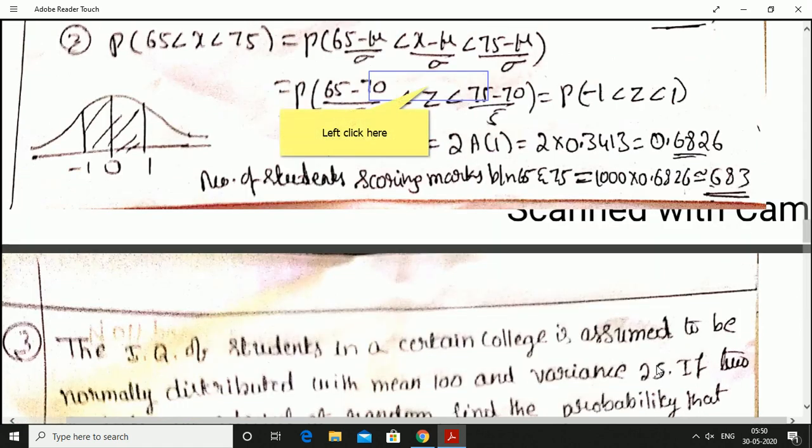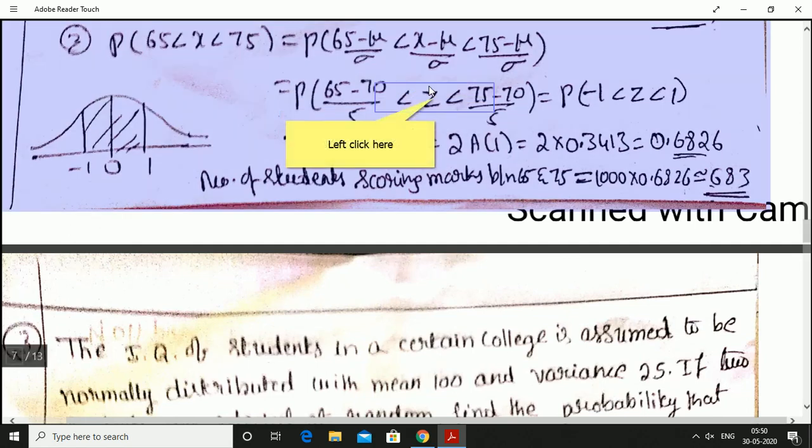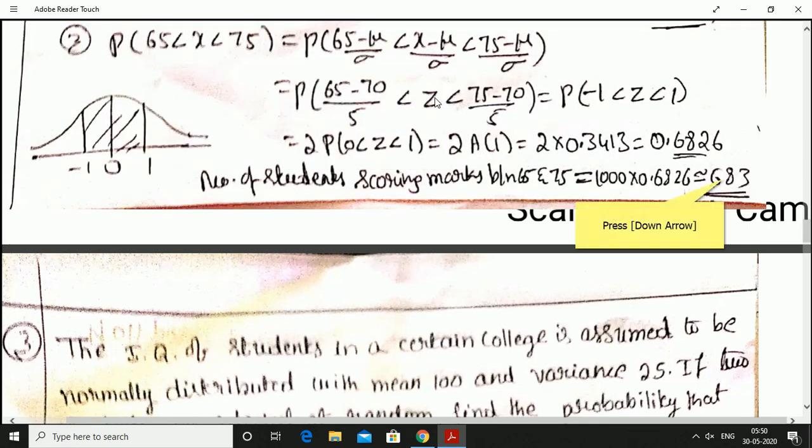Next required probability is probability of 65 less than x less than 75, which is equal to probability of 65 minus mu by sigma less than x minus mu by sigma less than 75 minus mu by sigma. Means we are standardizing here. Substitute mu and sigma values, call x minus mu by sigma as z. Probability of minus 1 less than z less than 1. Area from minus 1 to 1. We can split it as area from minus 1 to 0 plus 0 to 1.